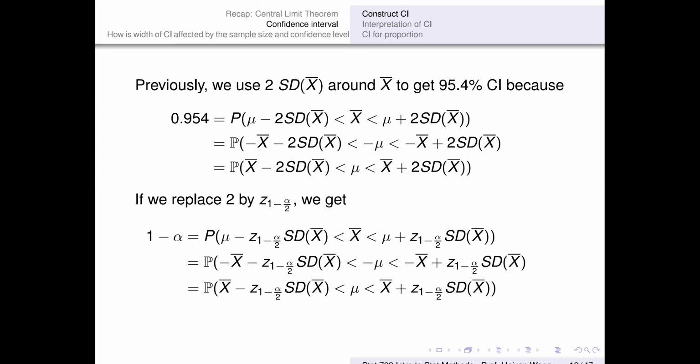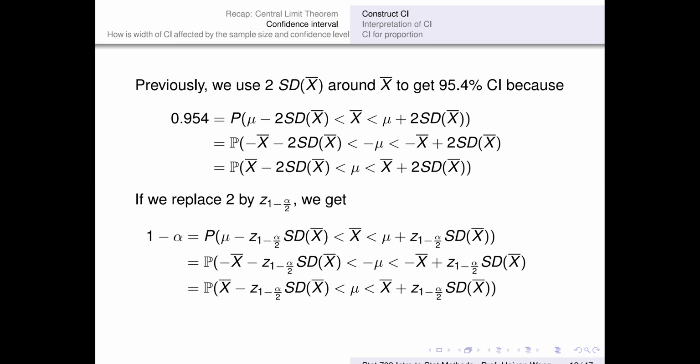From there, if we rearrange the inequality, we get mu between x bar minus or plus the z times standard error of x bar. So that's a confidence interval with the confidence level of 1 minus alpha.